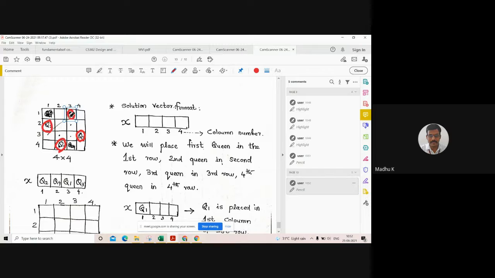Q1 I am placing here, Q2 here, Q3 here, Q4 here. In this case, they will not attack each other. I want to find this solution using the backtrack approach. I hope you got an idea about what the 4 by 4 problem is.